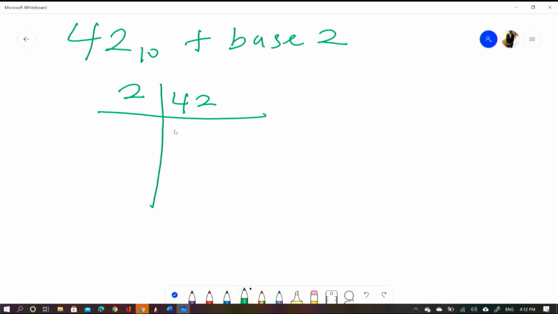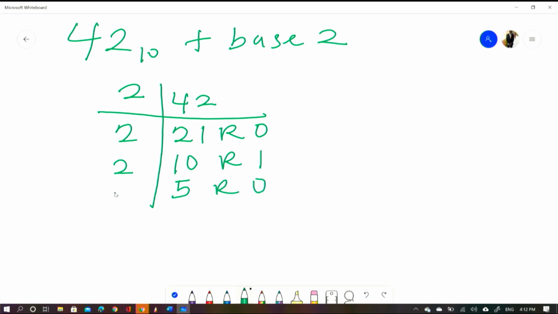So 42 divided by 2, you have 21 remainder 0. 21 divided by 2 will give you 10 remainder 1, while 10 divided by 2 will give you 5 remainder 0. 5 divided by 2 will give you 2 remainder 1, while 2 divided by 2 will give you 1 remainder 0. Then we'll do 1 divided by 2, which is going to give us 0 remainder 1. 1 is the last number there.